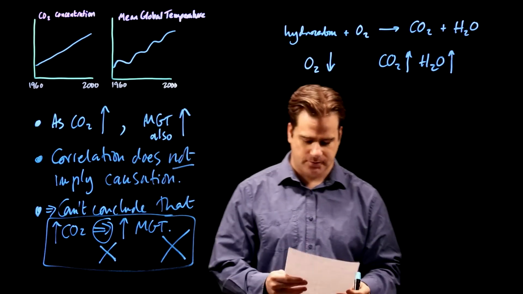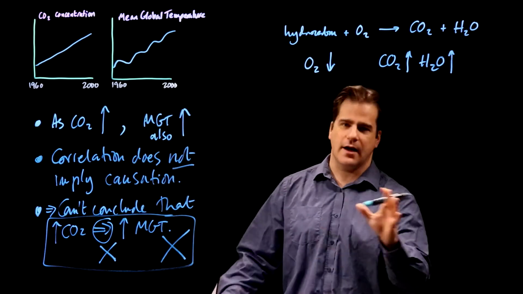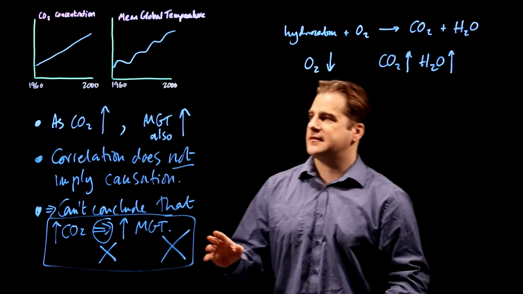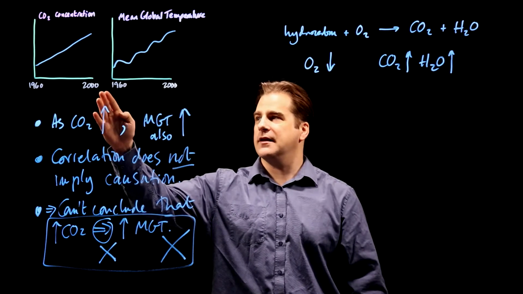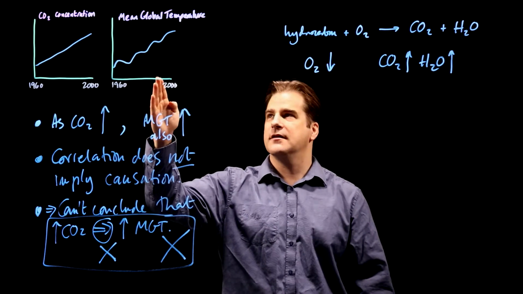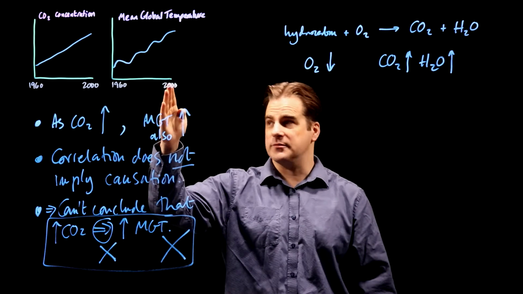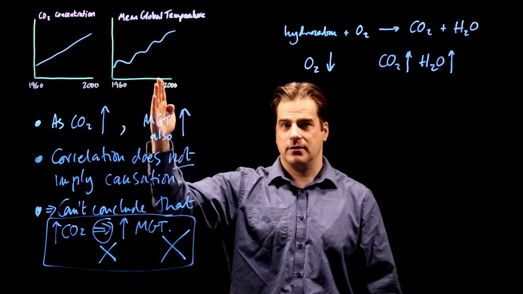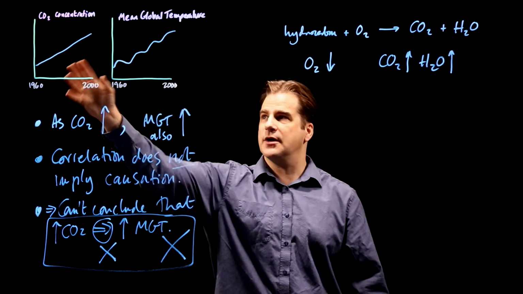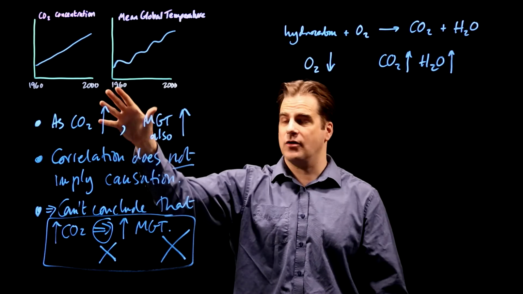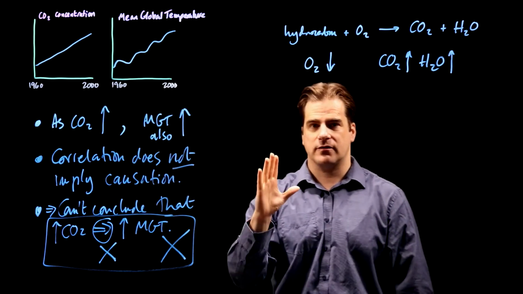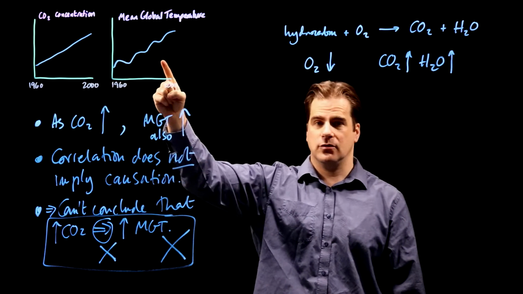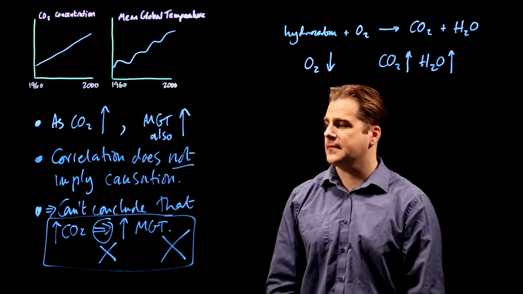Let's move on. Right. Oh yeah, okay, I will bang on about it a little bit more. It also doesn't mean that an increase in CO2 does not cause an increase in global temperature. There might be a causal mechanism between these two, okay? It's just that showing two graphs, one increasing, the other increasing, the correlation, is not enough evidence to conclude that an increase in that causes an increase in that, okay?